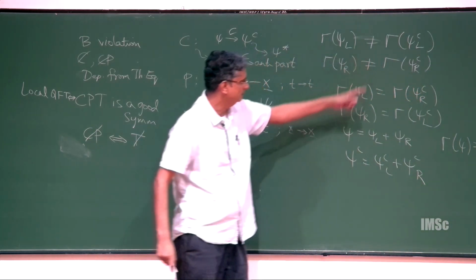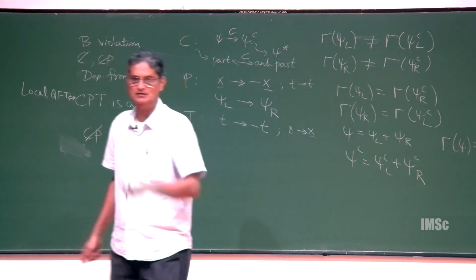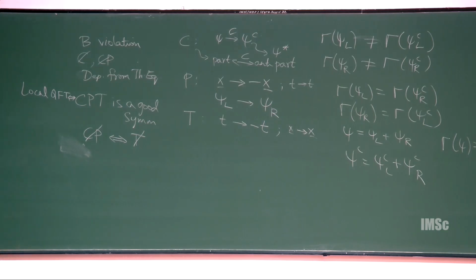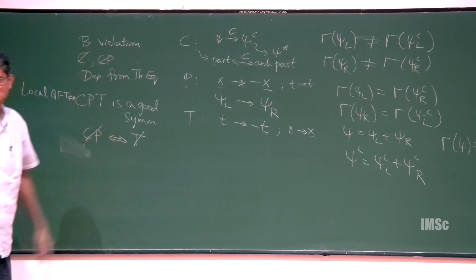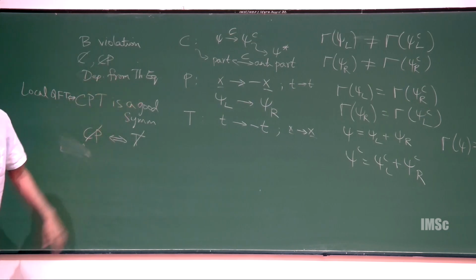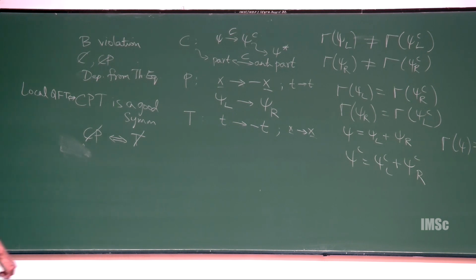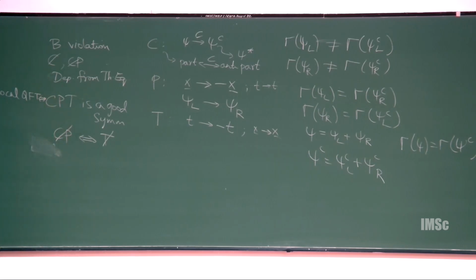Even though C is violated, we don't have an asymmetry in the end when I look at the total count of particles versus antiparticles. So this is why it is stated separately. If you have just one of them, it is not sufficient. And therefore, Sakharov already in the beginning stated it as two conditions.